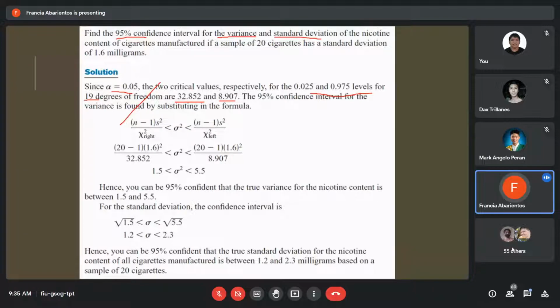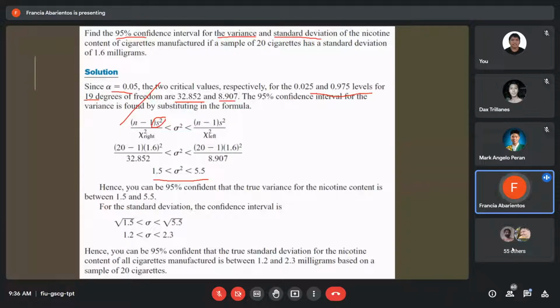Okay, here first we do the variance. Substitute properly: we have 20 minus 1, that is 19, times the sample variance, given, right? The sample standard deviation. Okay, correct. So, this is now your given interval.